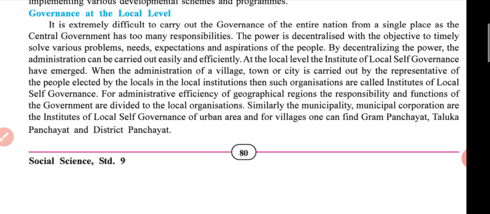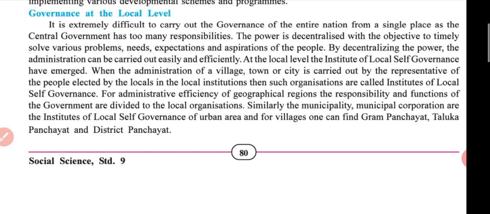So for that, the central government has too many responsibilities. So power is decentralized with the objective to timely solve the various problems, needs, expectations and aspirations of the people.